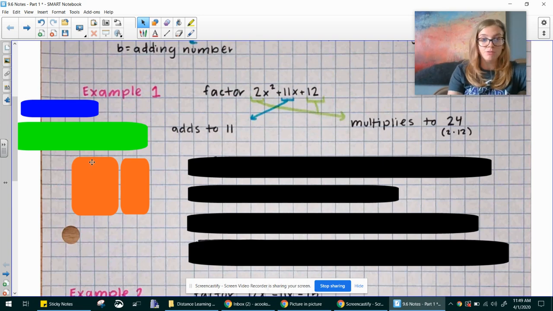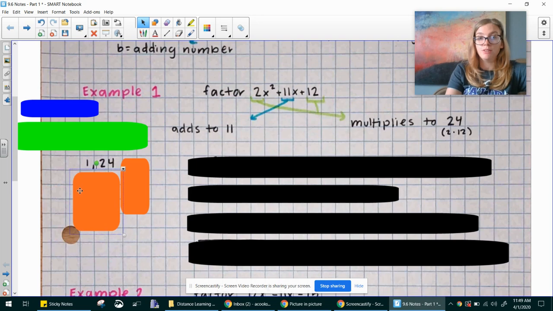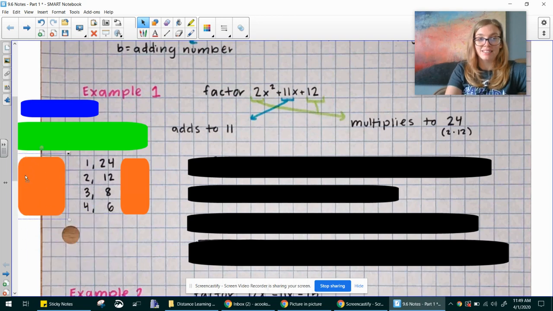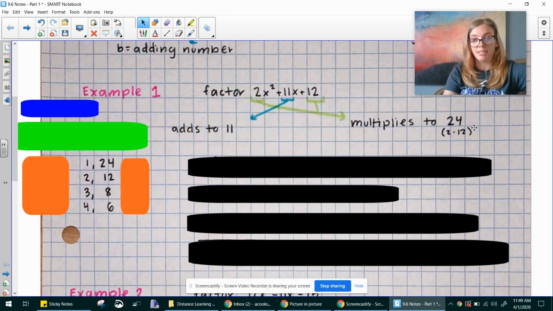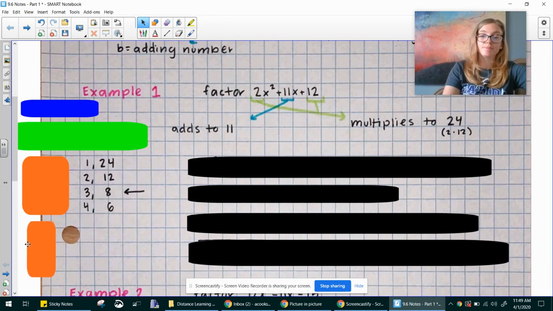Numbers that multiply to 24 are 1 and 24, 2 and 12, 3 and 8, and 4 and 6. To find my magic number pair, I need to figure out which of these factors also adds to 11. I know they all multiply to 24. 3 and 8 add to 11, so that's going to be my magic numbers.